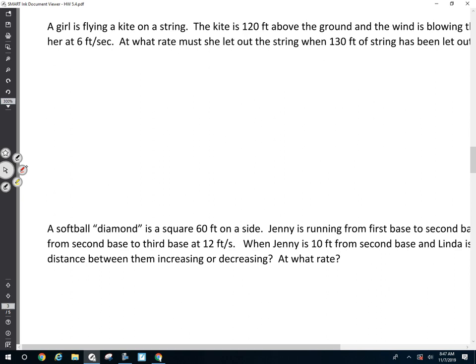Girl's flying a kite on a string. Sweet. Here's a girl flying a kite on a string. The kite is 120 feet above the ground.